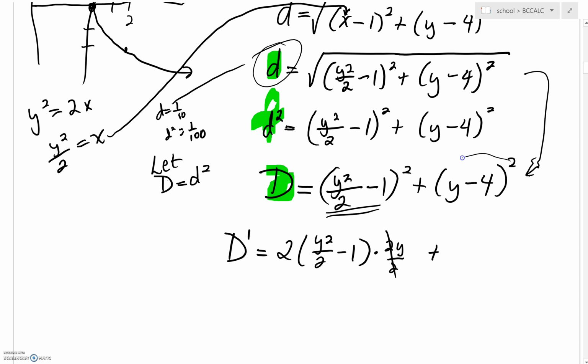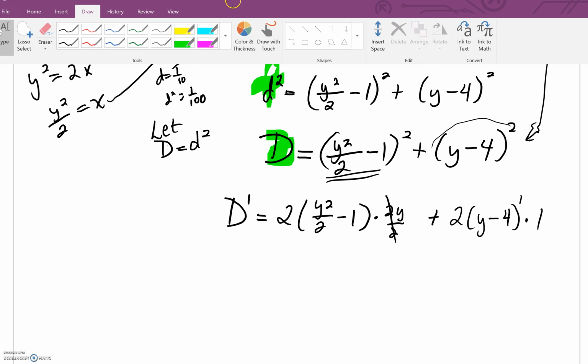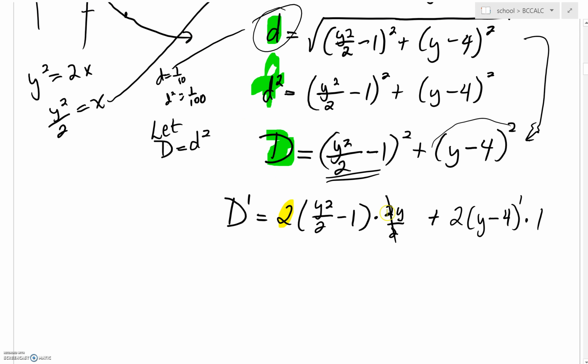Take your derivative here. You can bring down your 2. Here's 2 times y minus 4 up to the 1 power. Derivative of the inside is just a 1. Well, I hope you can see pretty clearly that this 2 and this y are going to get distributed. It's as if we have a 2y times y squared over 2 minus 1.